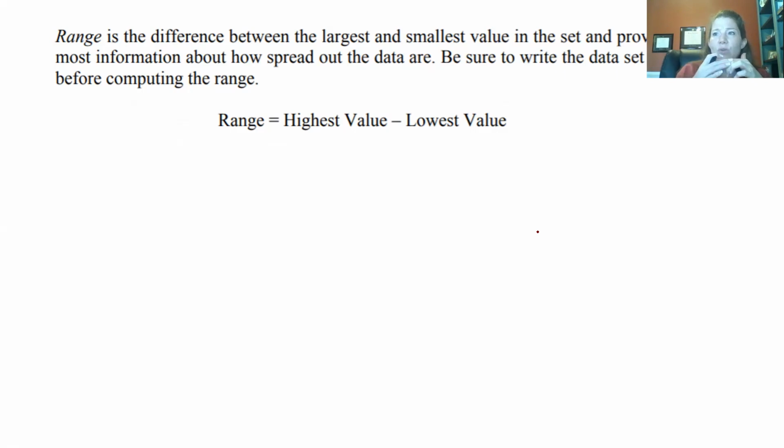Let's say you have 50 people and the range of heights is only 4 inches. So the shortest person to the tallest person in 50 people is only 4 inches. Well, that means that they're all very close to the same height. There's hardly any range of heights whatsoever, right? That means they're very close to the same height.